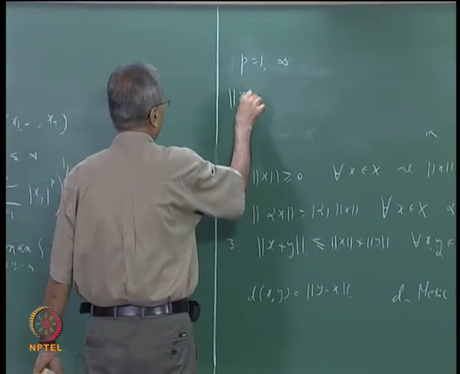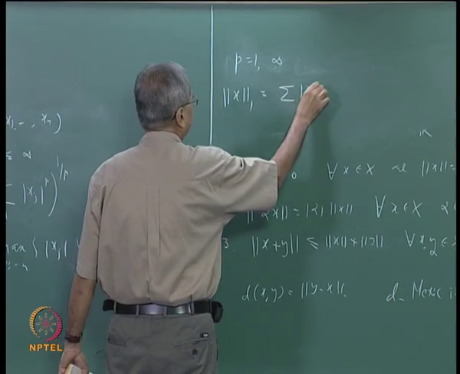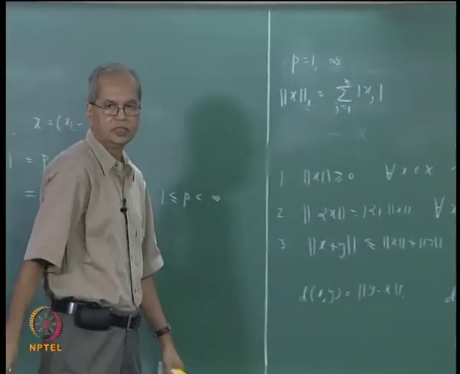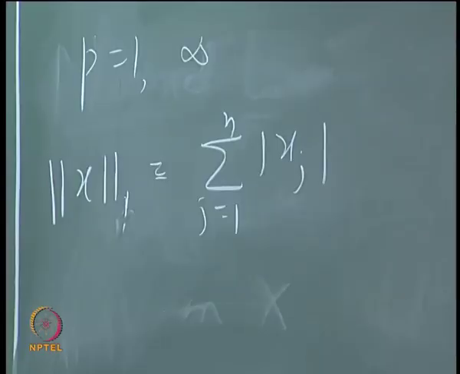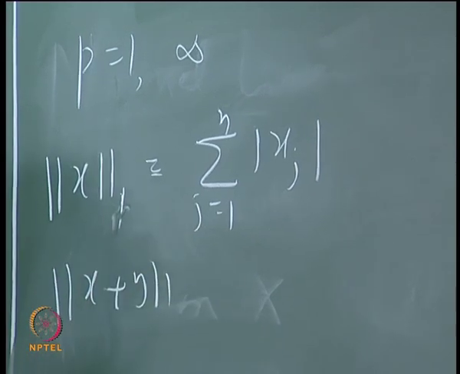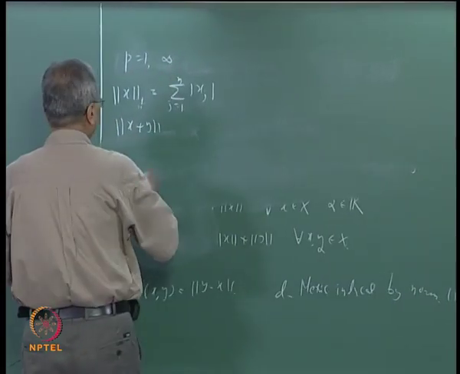For p equal to 1, let us call this norm suffix 1. Then it is nothing but sigma mod xj. So what is norm of x plus y suffix 1?